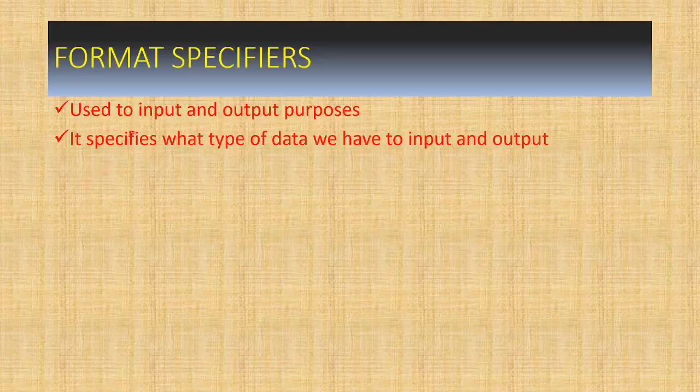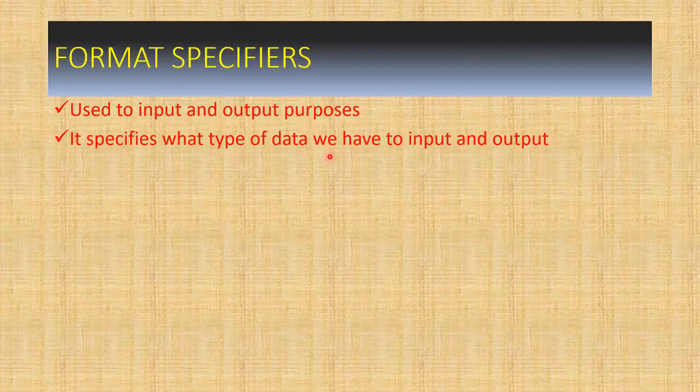Now let's move to what format specifiers are. Format specifiers are used for input and output purposes. What type of input and output? As the name suggests, format specifiers specify what type of data we have to input and output. Suppose you want to take input from the user using the scanf function.